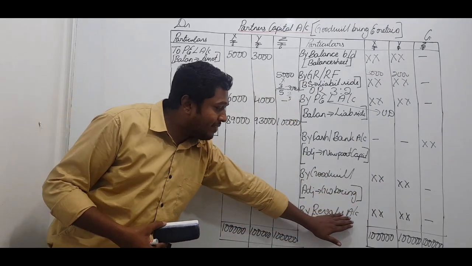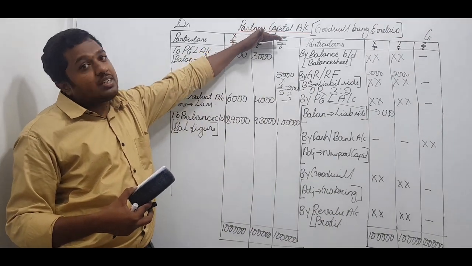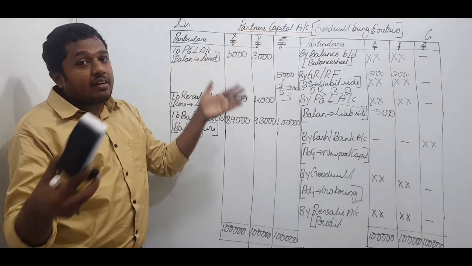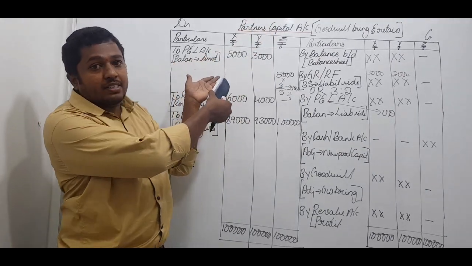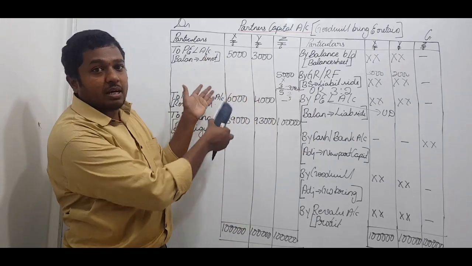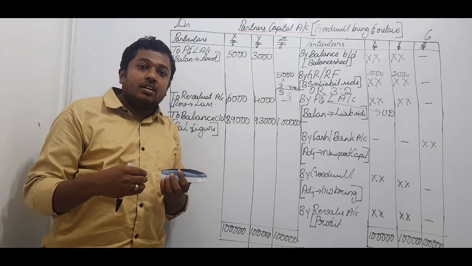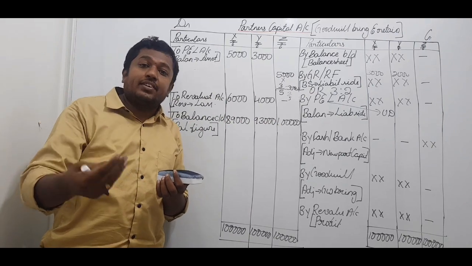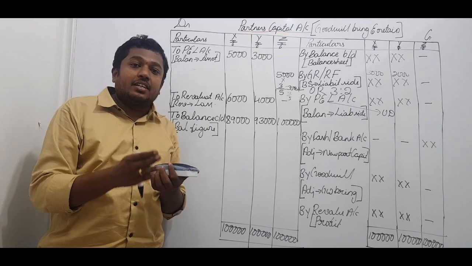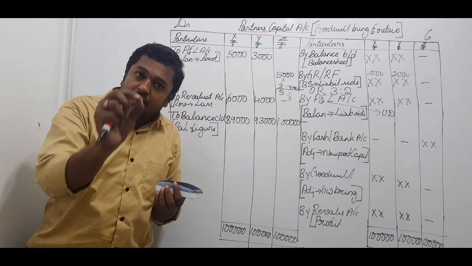Then, revaluation account. Prior to the partners capital account, we should definitely prepare the revaluation account. Straight away we cannot prepare the partners capital account. First we prepare the revaluation account, then we come to the partners capital account. In the revaluation account, if the total of the credit side is more than the debit side, the difference is called profit.